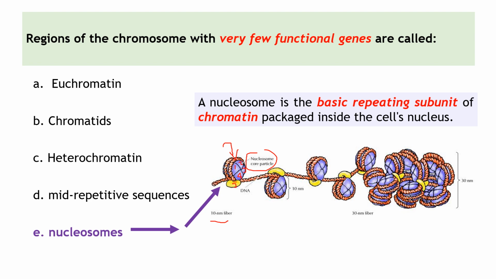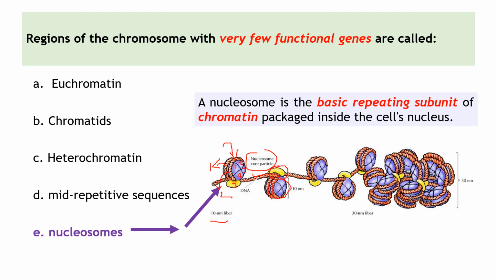Each one of those is a histone, and the DNA makes one turn and then another turn, so it always gives 2 turns. Here there is like a pin that allows it to attach properly.